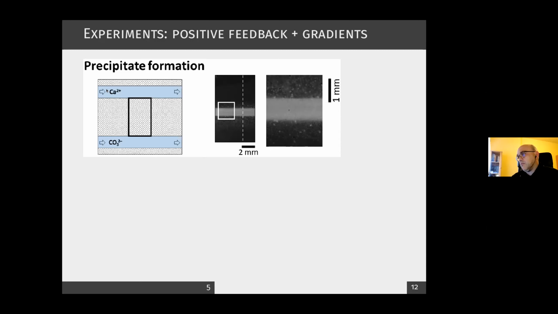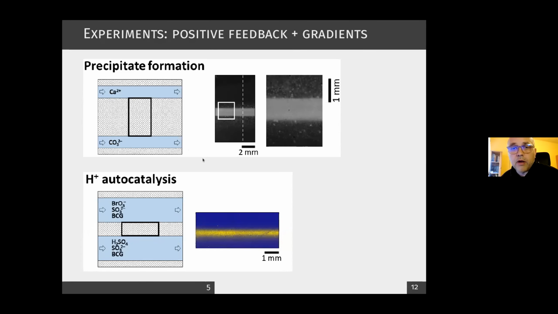We have calcium and carbonate, and if you flow the calcium and carbonate in two separated channels, then you get a relatively sharp precipitation zone in the middle. But you can have a sharp zone also by applying a homogeneous reaction. This is an acid autocatalytic reaction. We flow the components of this reaction, and then we observe the formation of an acidic stripe, which is yellow in the picture in the middle.